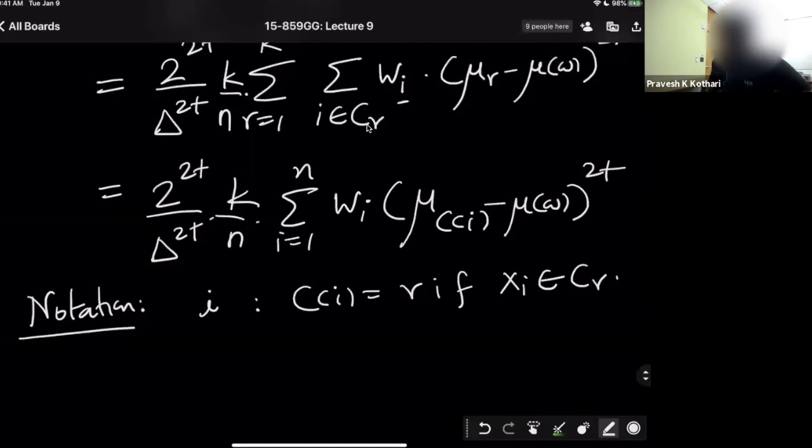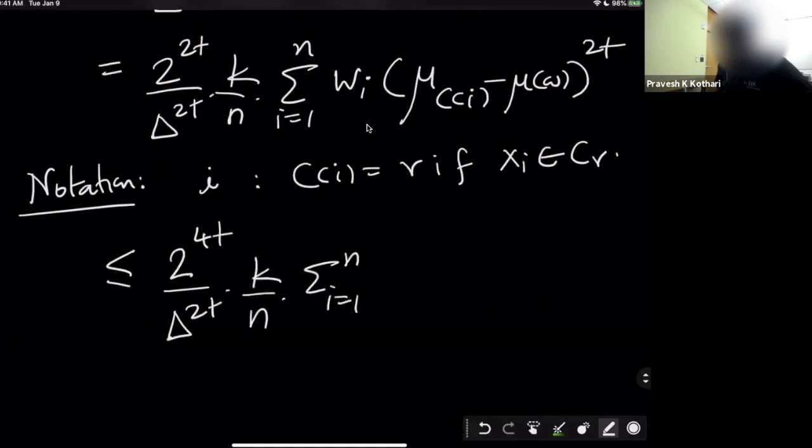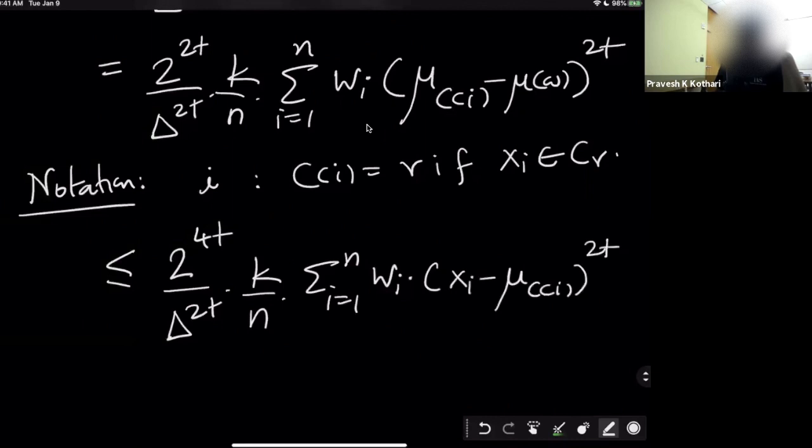Good. Because now I'm going to apply the almost triangle inequality one more time. I'm going to upper bound this by 2 to the 4t times (x_i minus mu of C(i)) to the 2t plus (x_i minus mu(w)) to the 2t.